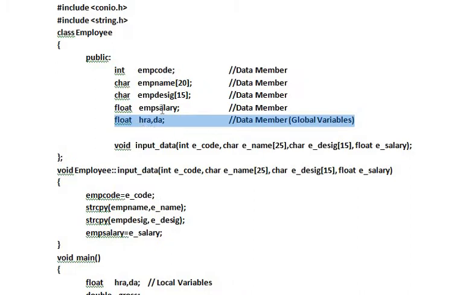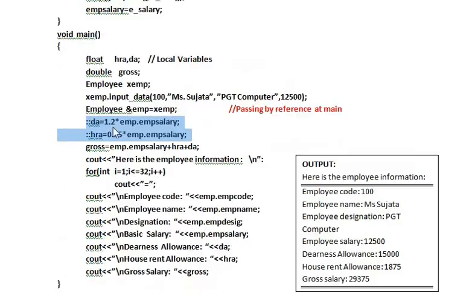Instead, I shall be making changes into these two global variables. So as of now, let's not put these two scope resolution operators. I shall keep it exactly how it was printed in the book. So I am deleting these two scope resolution operators for now. Now this is totally local. That is, these two variables HRA and DA represent these two local variables.